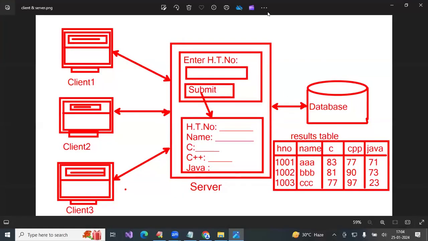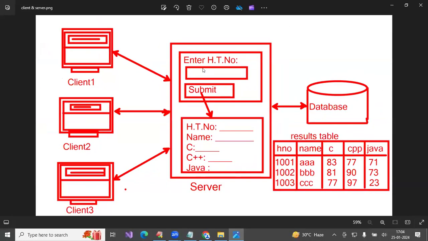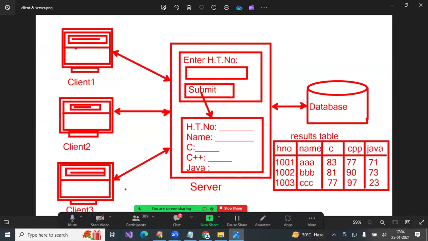Now, suppose this is one diagram. You observe, it is just an online results application. One example, like any online application, you can take as an example. See, what you will do: first of all, you will type one URL in the address bar.